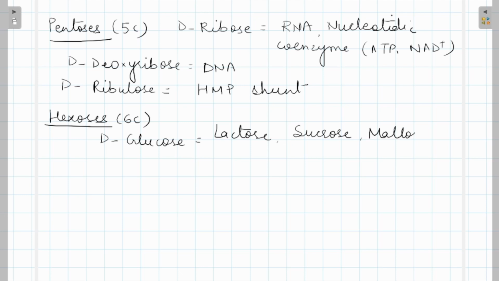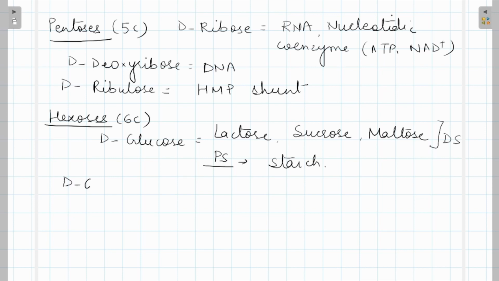Maltose, glucose and glucose. So it's a constituent of disaccharides. And other than disaccharides, it's a constituent of polysaccharides also, like starch, cellulose, glycogen. So glucose इन सबको बनाता है, like starch, cellulose, glycogen, maltose, lactose, sucrose, इन सब का constituent है glucose.